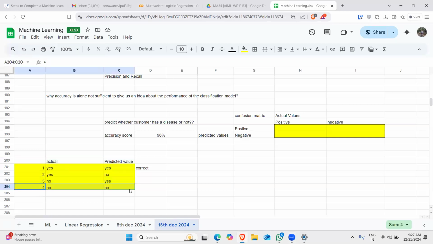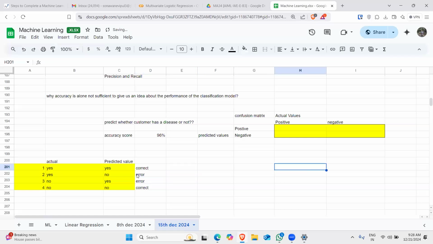And what about 4? Actual was no and predicted was no, so 4 is also correct. Out of these, two are incorrect, so we can say this is an error, and this is also an error.